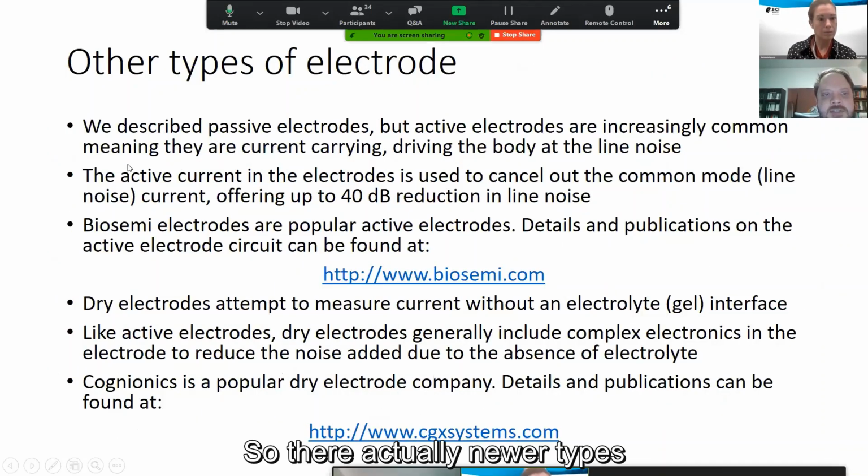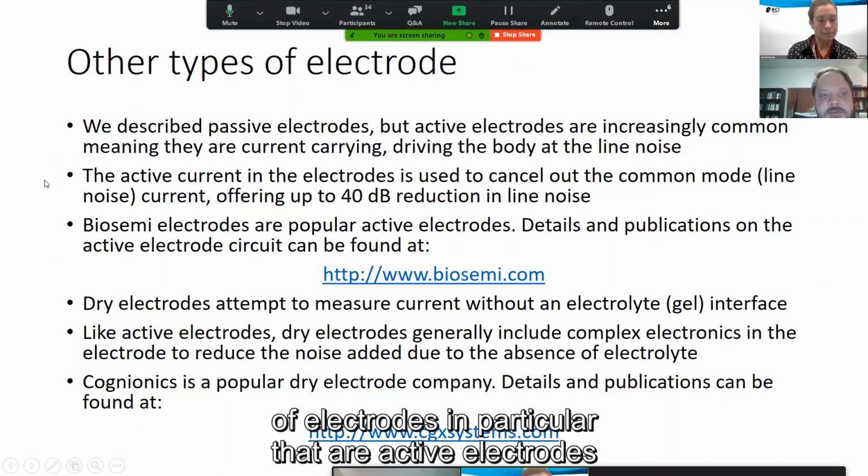So there are actually newer types of electrodes.